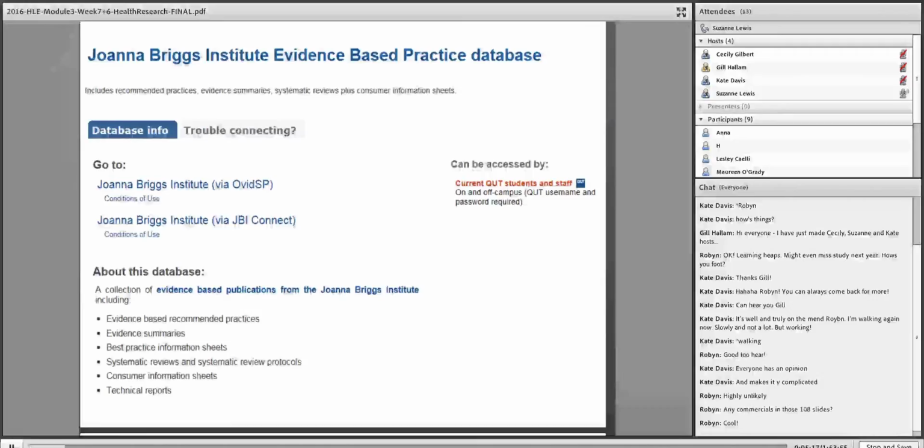The JBI Connect, going straight into the website, usually gives you access to a few more resources than the Ovid interface. And the list at the bottom of the slide shows you the kinds of publications that you can find there, including evidence summaries, information sheets, systematic reviews, and so on.